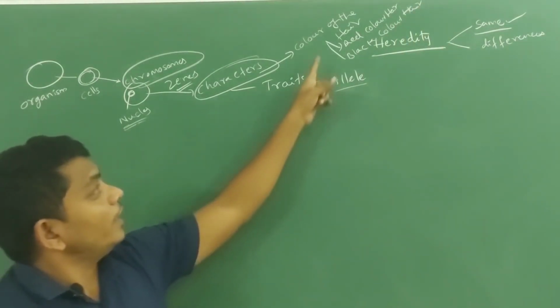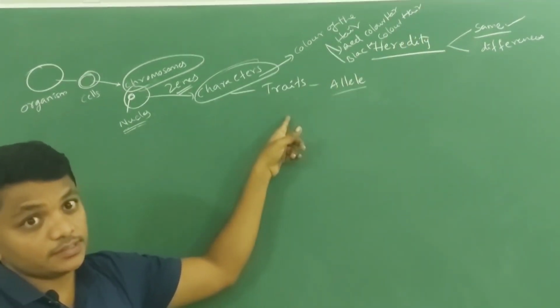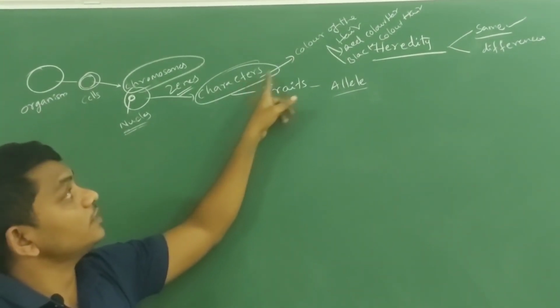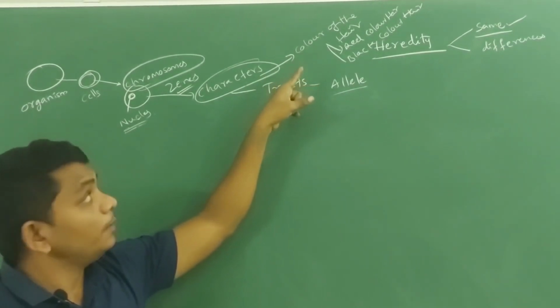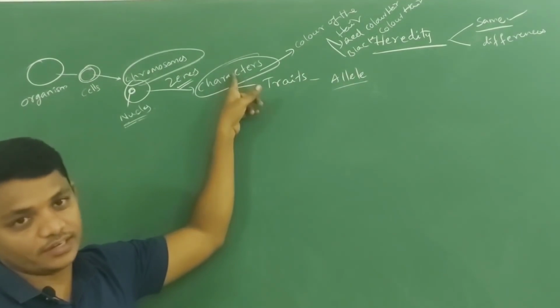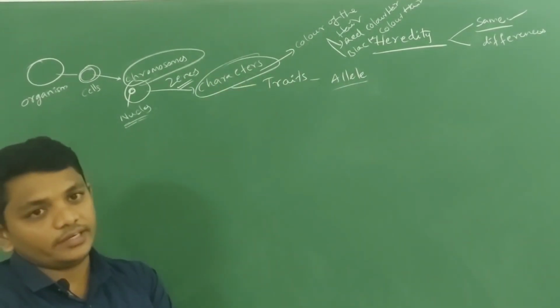So red and black are traits. Traits are part of a character. Here the character is color of the hair, but red and black are traits of that character.